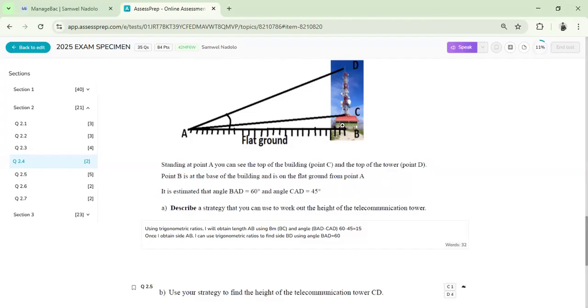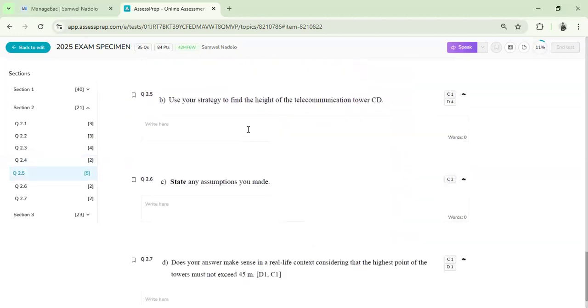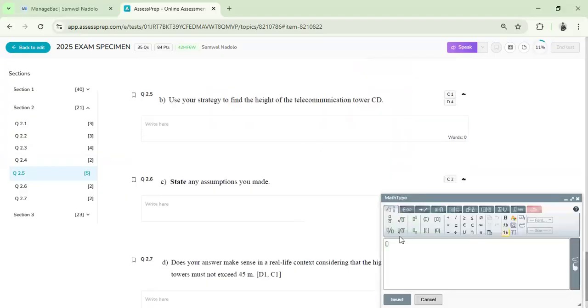And we clearly know that BC here is 8 meters. So that is what we'll write down here. You're going to write tan 15 degrees is equal to side BC over AB. All right, good.